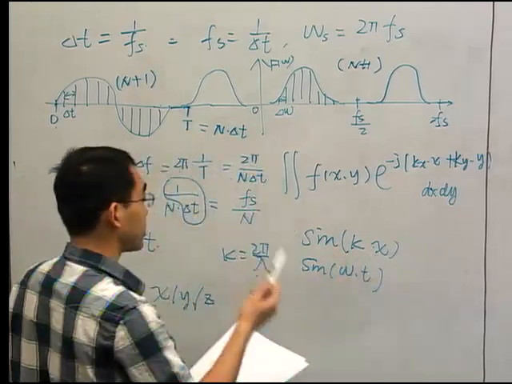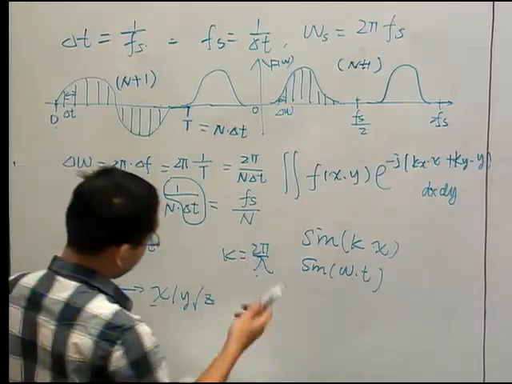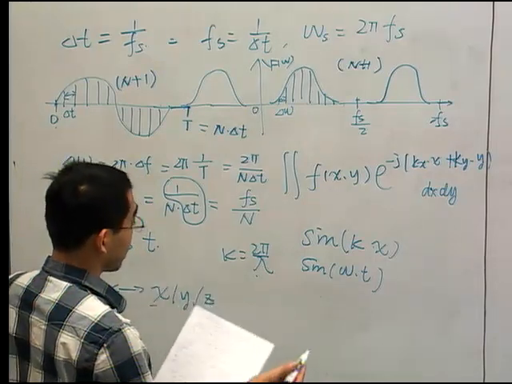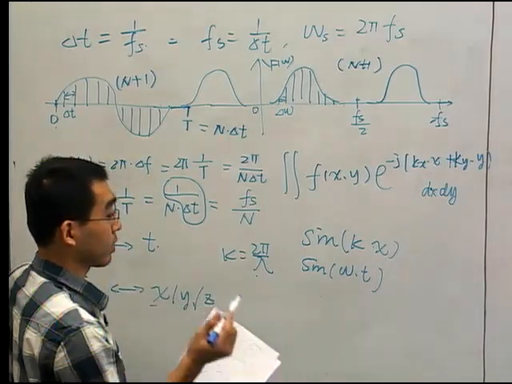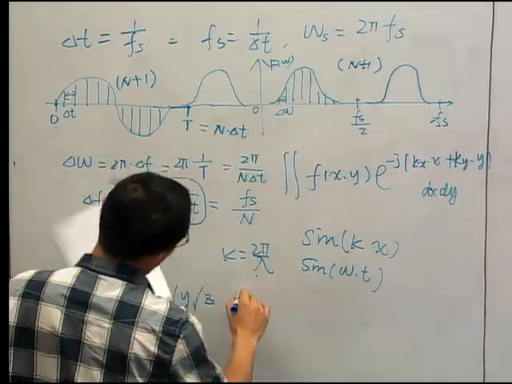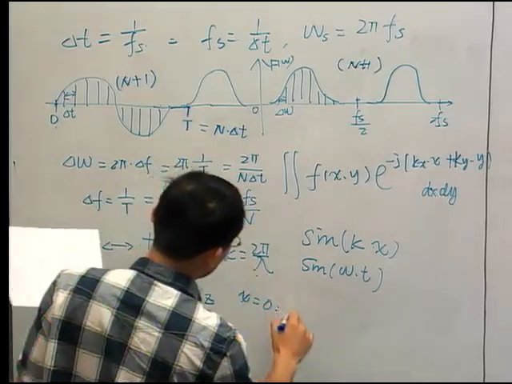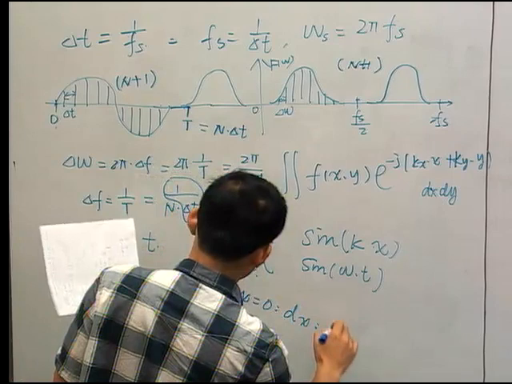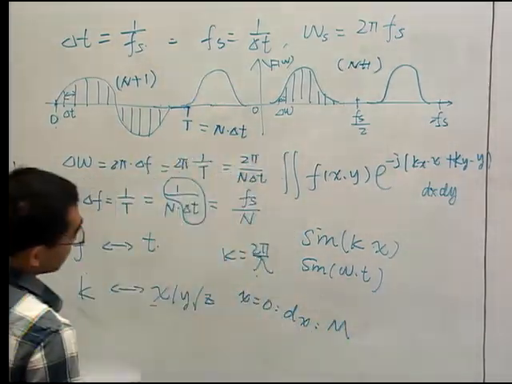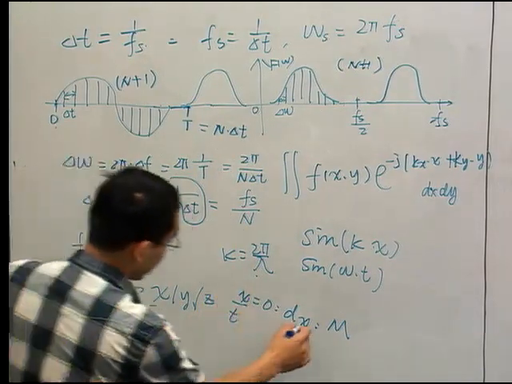This x is t, this k is omega. It's the same thing. I see that a lot of people misunderstand which one is frequency and which one is time or space. If I say x goes from 0 to m with step dx, you can think of this x as t.